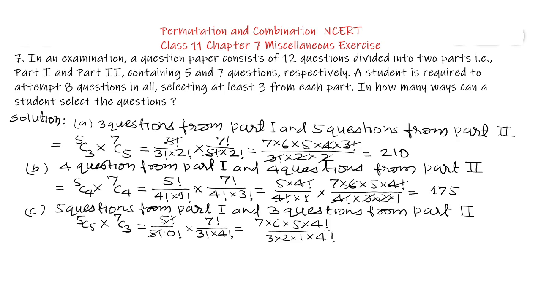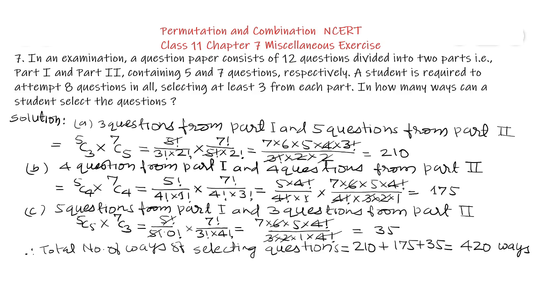So we cancel the 4 factorial of numerator by 4 factorial of denominator, and we cancel 3 multiplied by 2 of denominator by 6 of numerator. So we are left with 7 multiplied by 5, which is equal to 35.